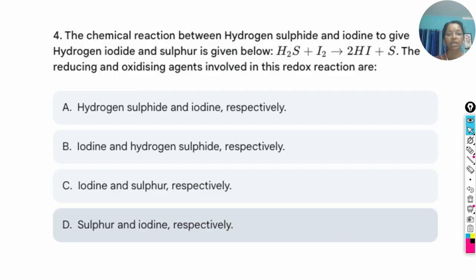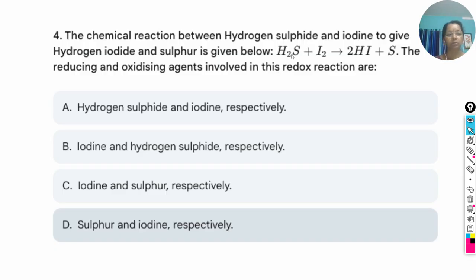Then the chemical reaction between hydrogen sulfide and iodine to give hydrogen iodide and sulfur is given below. What are the reducing and oxidizing agents involved in this redox reaction? See, this is the reaction, and what we want is the reducing and oxidizing agent.